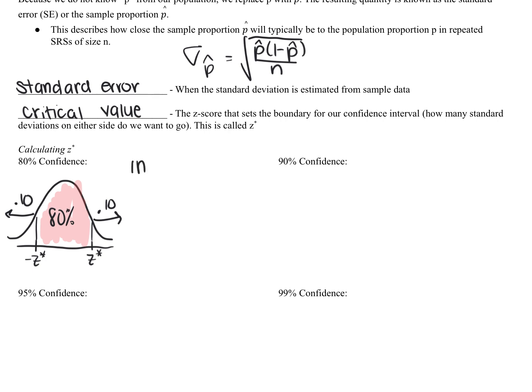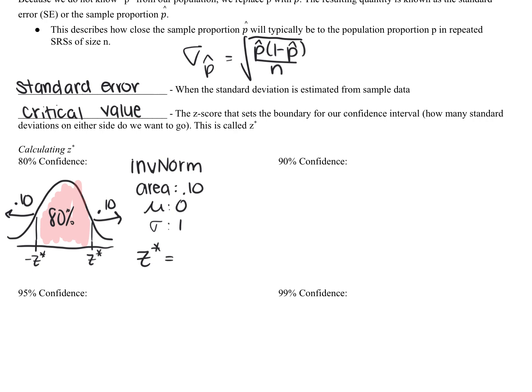If we want to get one of them, we use invNorm. And typically we're going to use the area below. So our area is going to be 0.10, mean of 0, standard deviation of 1. Now that is going to give us a negative z critical value, but for our purposes, we're going to identify it as positive for now.